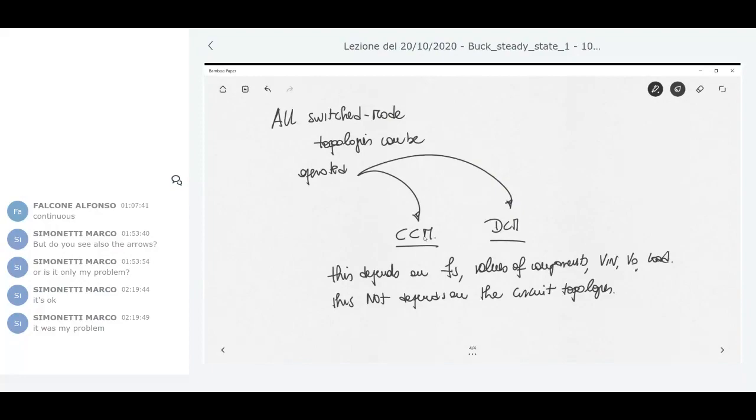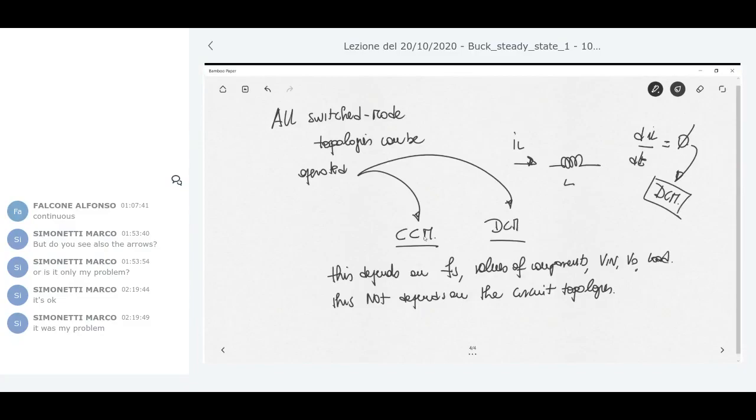For example, let's have a look at the current flowing through the inductor, which is within the converter. Okay? And if this inductor current has a time derivative which is 0, then you are in the DCM mode. So you have to look at the time derivative of the current flowing through an inductor.